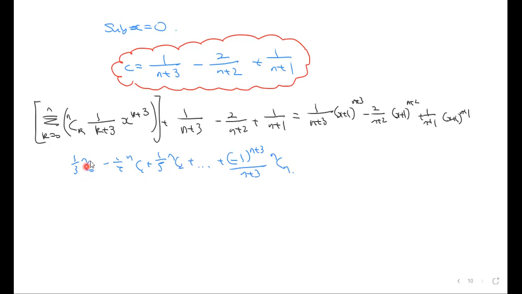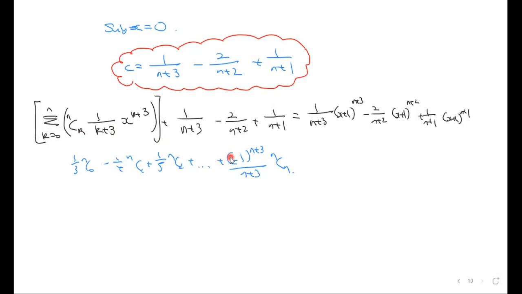Then you would make that match by subbing x equals -1. And if you sub x equals -1, all of these terms go. You'll end up with 1 over 3 nC0, and then minus a quarter nC1, so k equals 1. Yep. So you'll get all of these things.